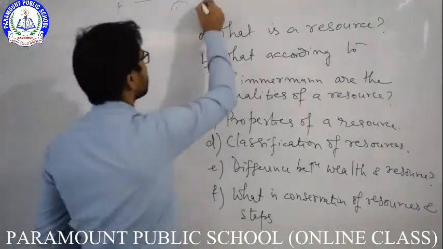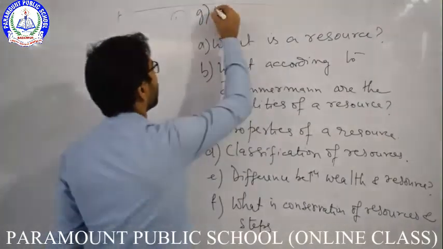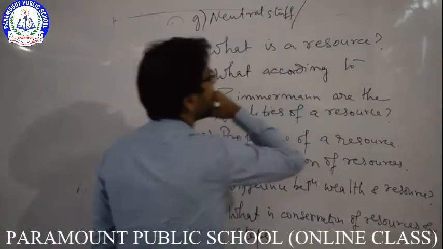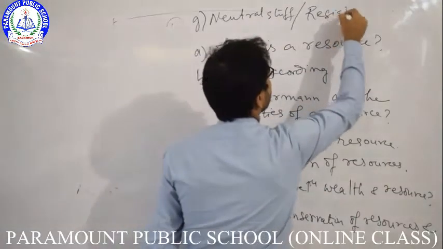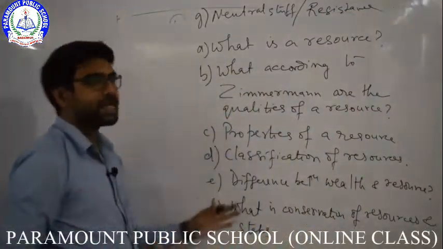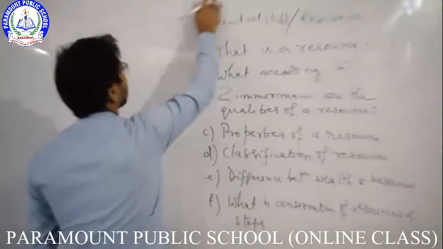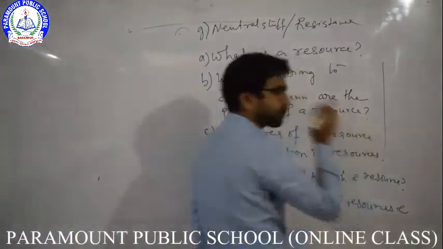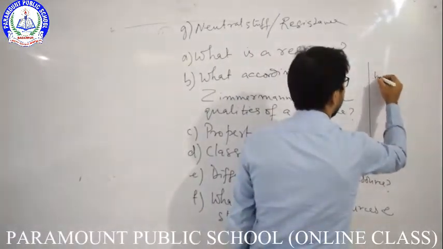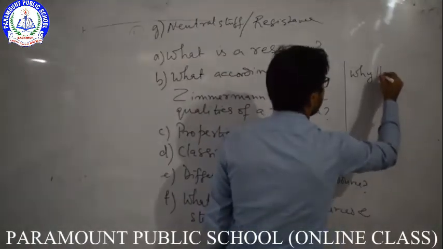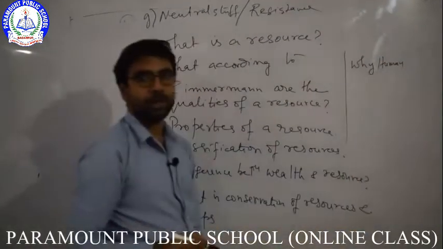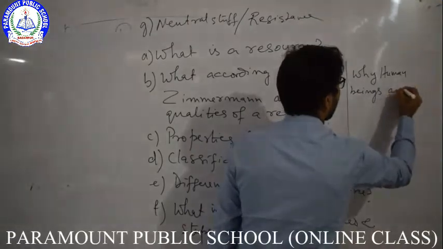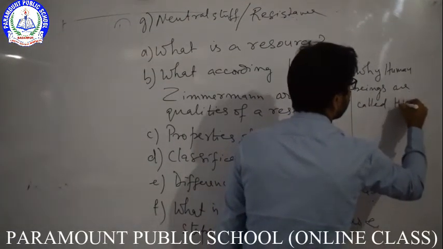Together with it, we have also seen some short questions, something like this. What is neutral stuff? And what is resistance? From today's discussion, we also know why human beings are called HR, human resources.